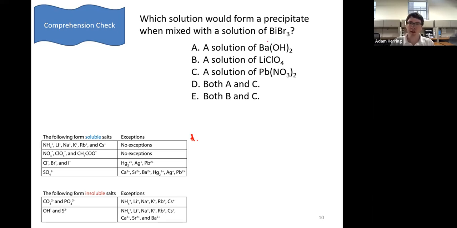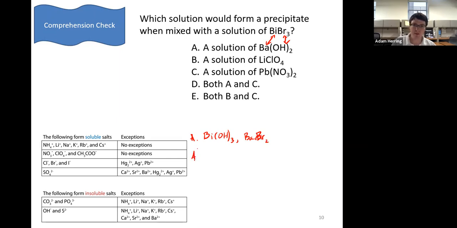And so the cations swap places, or we can think of it as the anions swapping places. That means then in beaker A, the products of this would be bismuth hydroxide and barium bromide.